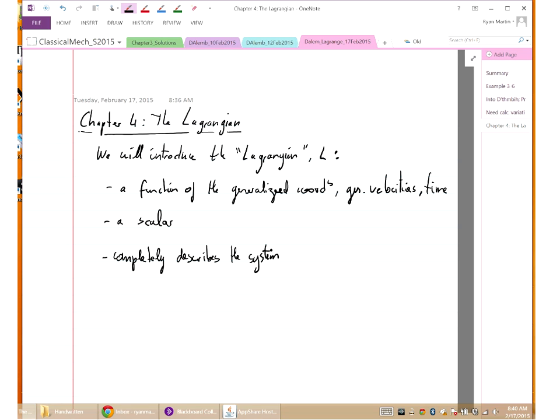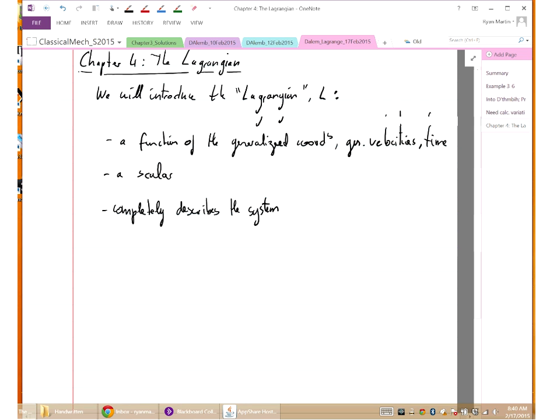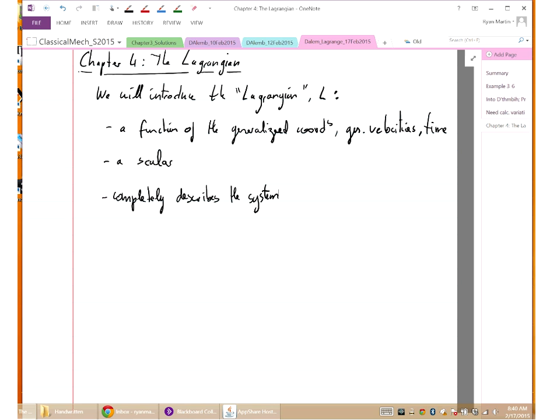So I want to now revisit the example that we just did and do it a little bit more formally. So what we're going to do in this chapter, we're going to derive these equations of motion, these Euler-Lagrange equations, in different ways, because there's different ways that you can get this Lagrangian and conclude that it correctly describes the system.